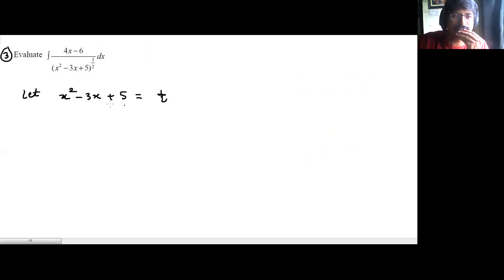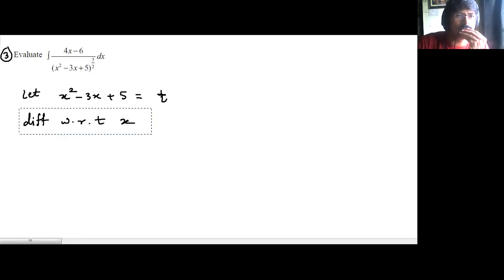So now if we differentiate on both the sides, what will happen?